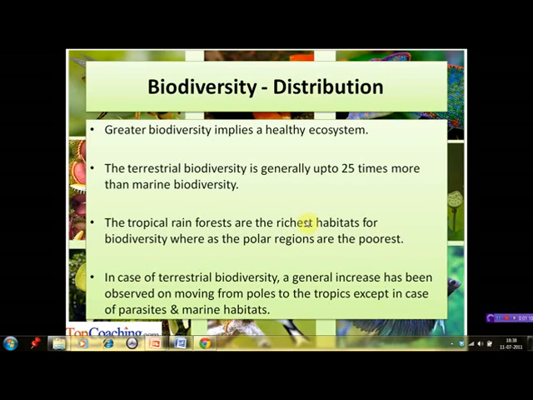Typically, the tropical rainforests are the richest habitats for biodiversity, whereas the polar regions are the poorest. In case of terrestrial biodiversity, a general increase has been observed on moving from the poles towards the tropics. Primarily, it is due to the increase in the average temperature. This type of pattern has not been observed in case of parasites and marine habitats.